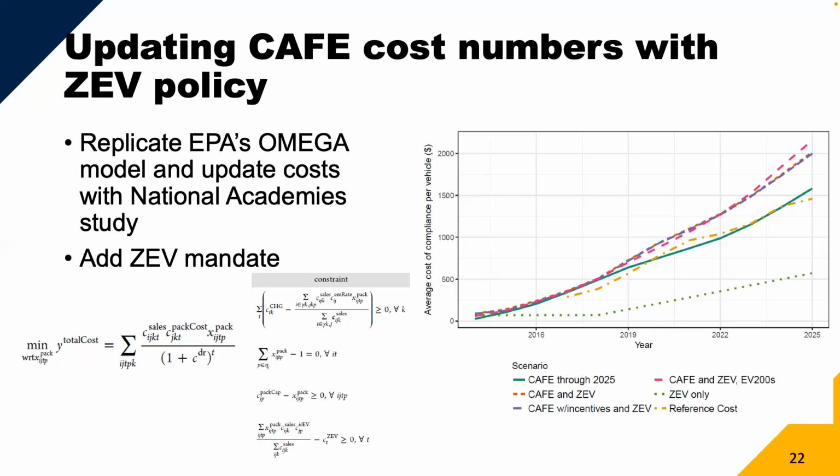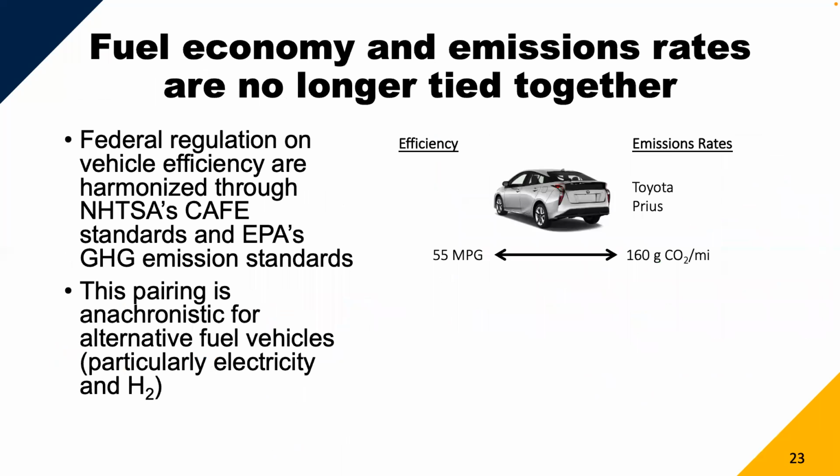Because you have the zero emissions mandate, it makes everyone jump out of order and electrify the vehicles first. So we wanted to reevaluate what that would mean from a cost basis to automakers. There's this optimization-based model that looked at that. Okay, some other nuances about the regulation: the fuel economy and the emission rates are no longer tied together.